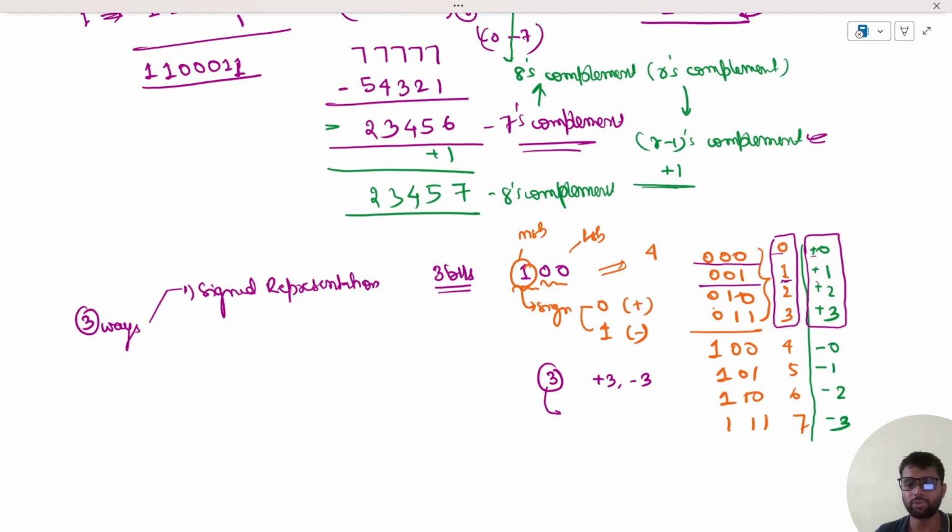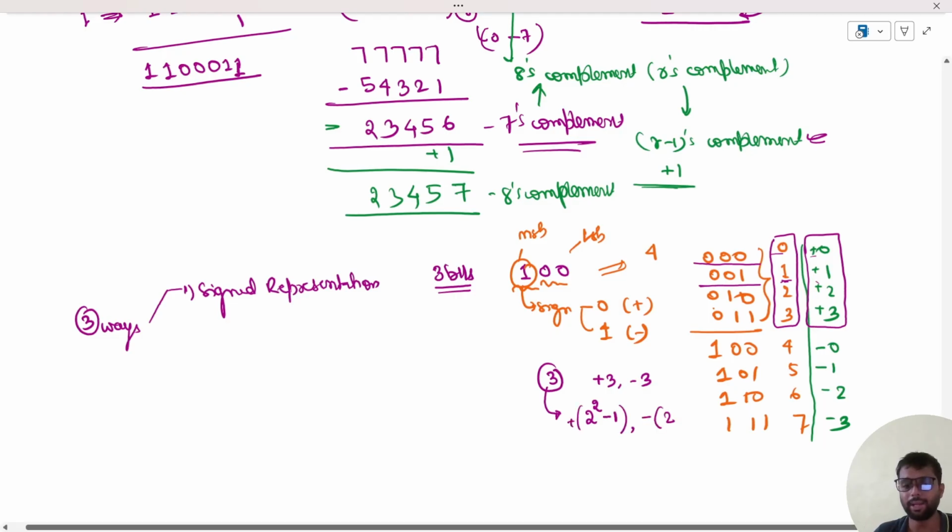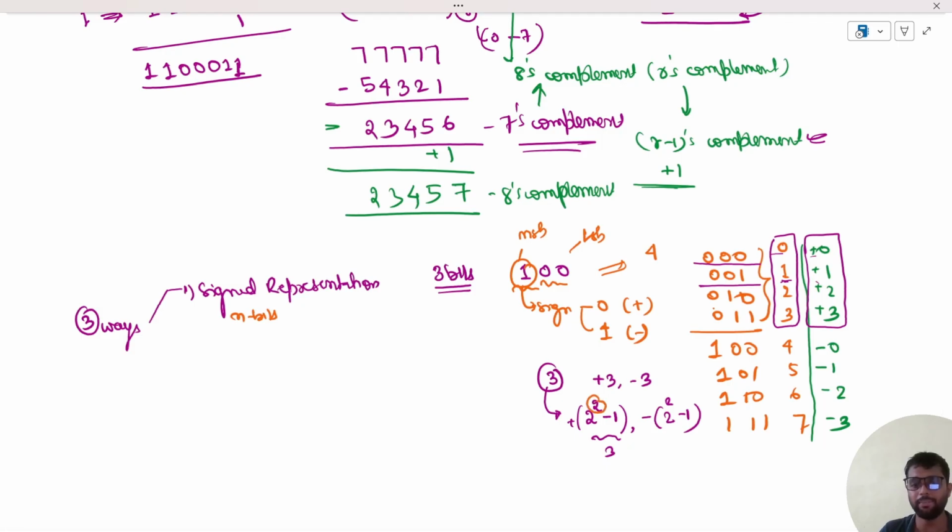So we can say that for 3 bits, you can represent 2 raised to the power 2, that is 4, minus 1 with a plus sign, and the same with a minus sign, from plus 3 to minus 3. In signed representation of n bits, 1 bit is used for representation of the sign, so we are left with n minus 1 bits. Like in 3 bits, we are left with 2 bits only.